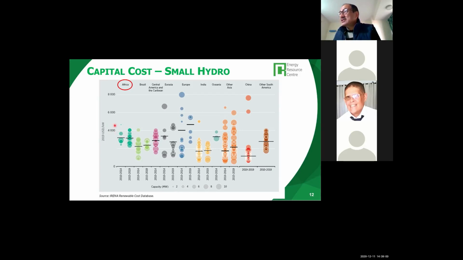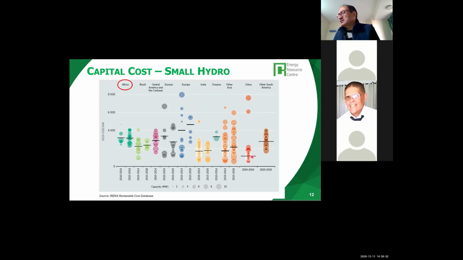So this is the current range of cost based on the IRENA data. But in Brazil, it's lower. Central America is lower. Europe is even higher, obviously because they have higher costs and quality. Asia is lower on average, but there is a big range of cost in Asia. China also. I don't know if this is the average cost or the median cost.